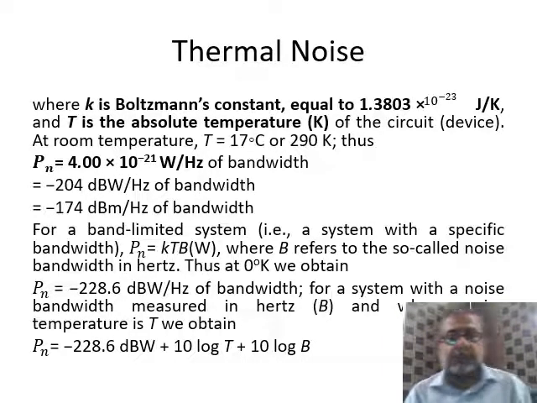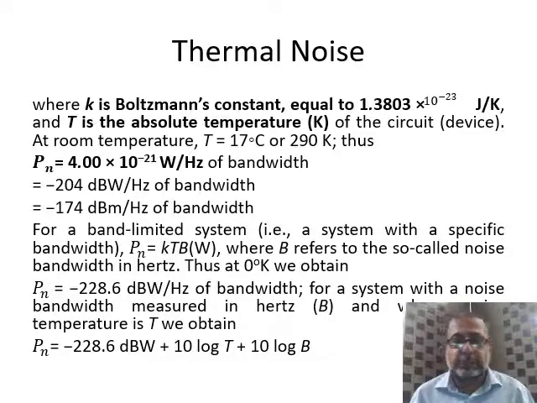If we have 17 degrees centigrade temperature, if we convert it to the Kelvin scale, it becomes 17 plus 273, which gives us 290 degrees Kelvin. And the Boltzmann's constant is, as you know, 1.38 into 10 to the power minus 23 joules per Kelvin.